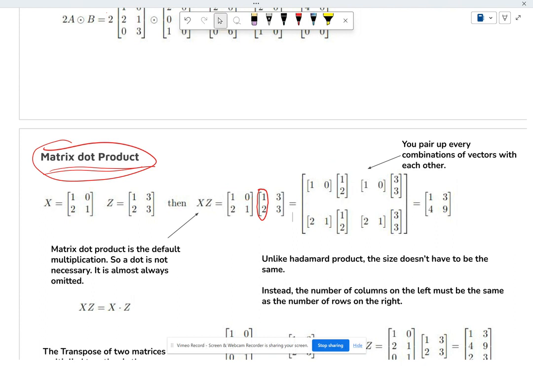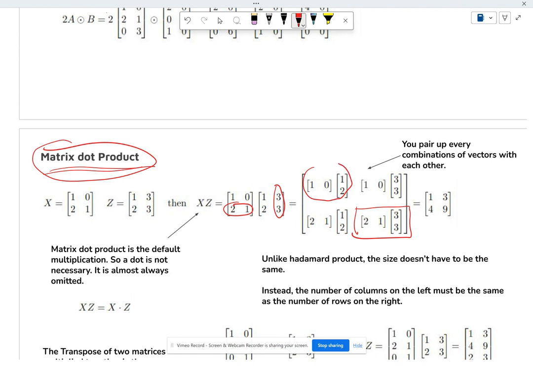After that, you take this and this. Now you do the dot product. And after that, you move on to here and here. Then you do the dot product. And lastly, you take the very last one, this and this, and you take the dot product again.